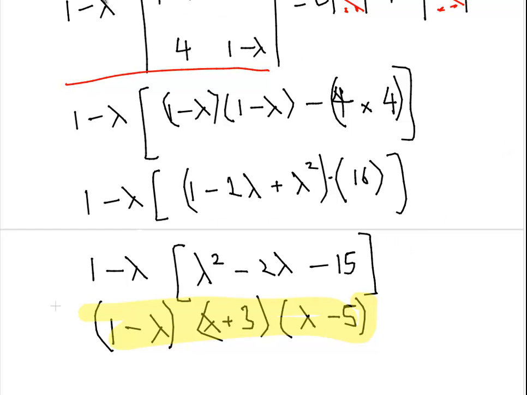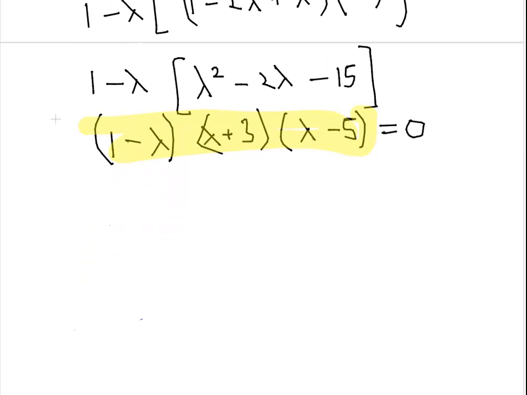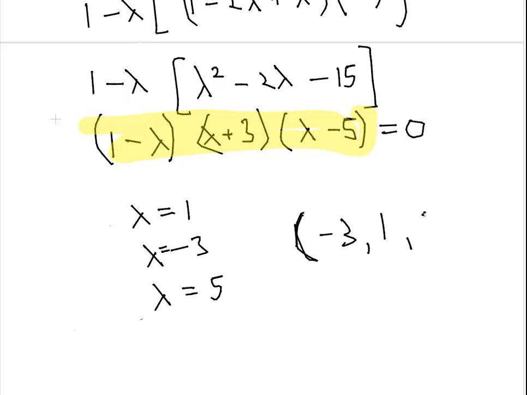If you recall, we have to solve the characteristic equation by letting it equal 0. Essentially each of those 3 terms can make it 0, so lambda equals 1, disregarding all the other values, lambda equals minus 3, and lambda equals 5. So the eigenvalues, in order, let's write them here like this: minus 3, 1, and 5.